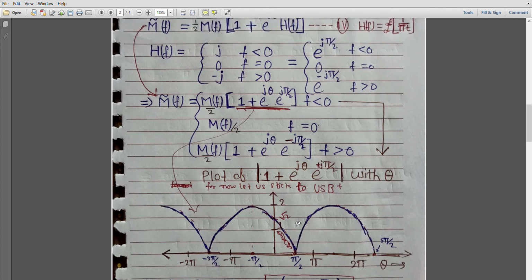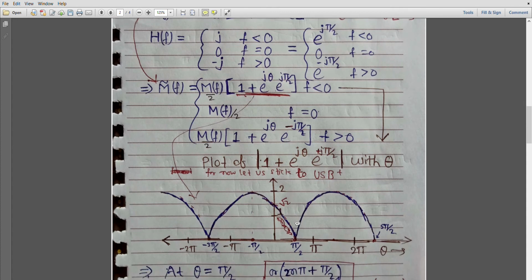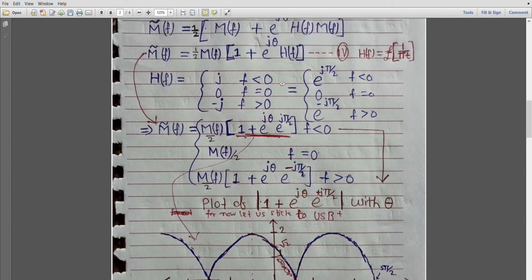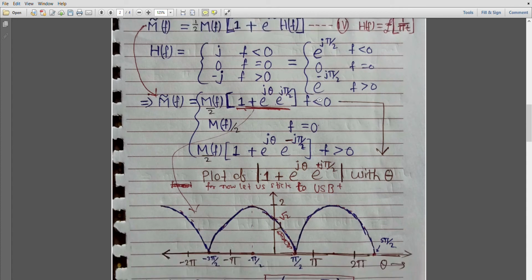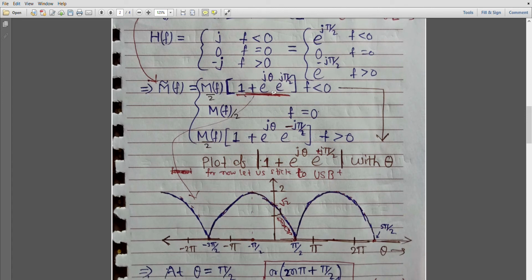So whenever theta is equal to pi by 2, the negative frequency component will vanish because this value becomes 0. So our function will be 0 for f less than 0, M f by 2 for f equal to 0, and for f greater than 0 this value becomes 2, so that is equal to M f.